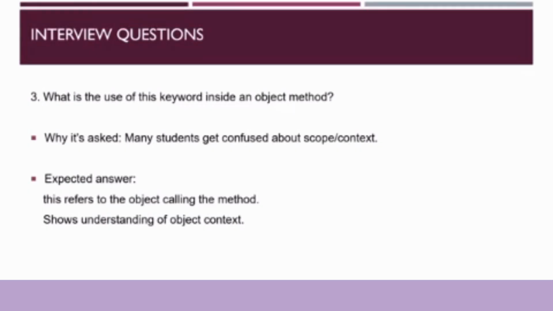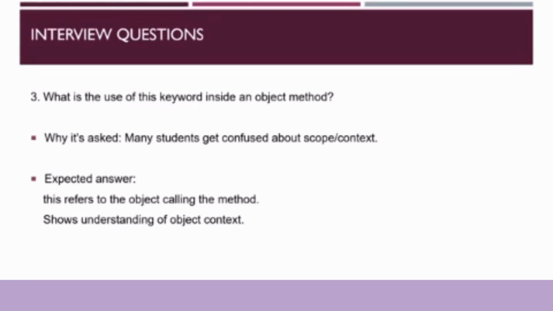Let's think of an example. Let's take a person named Alice, and we use a greet function, where we print hello plus this.name. So when person.greet runs, the output will be hello Alice.